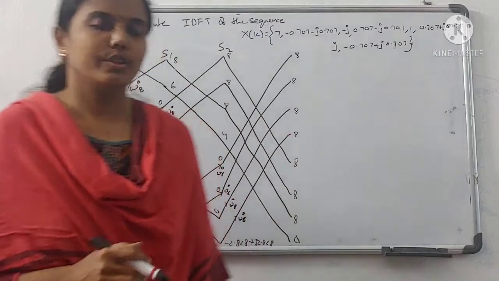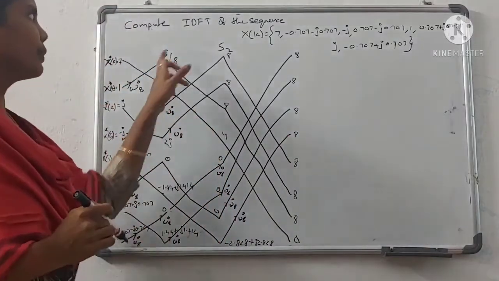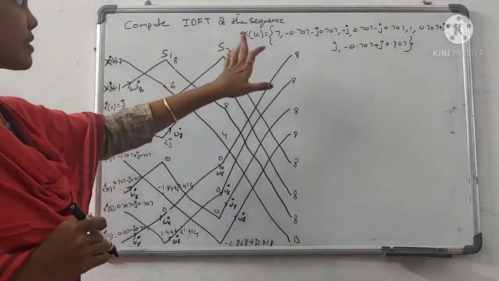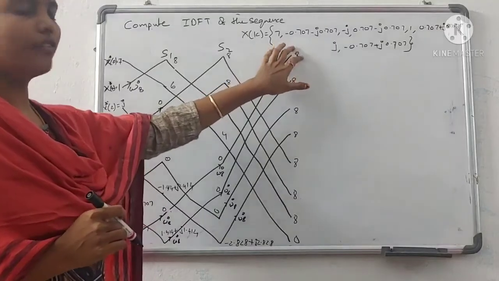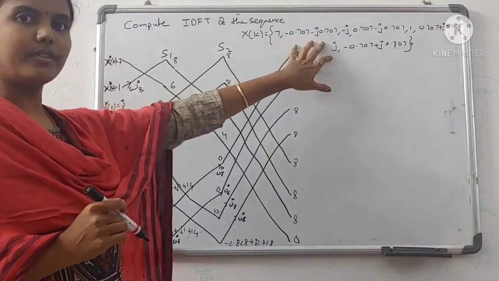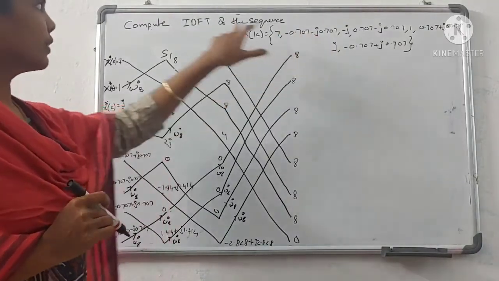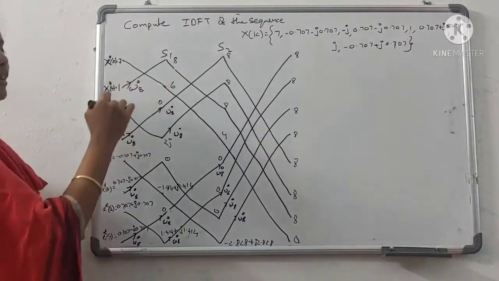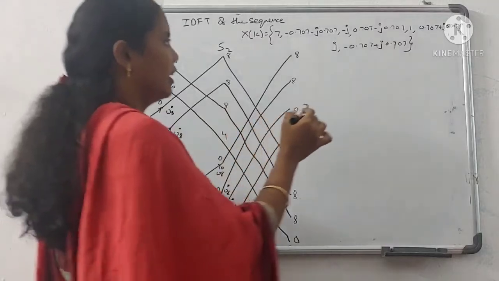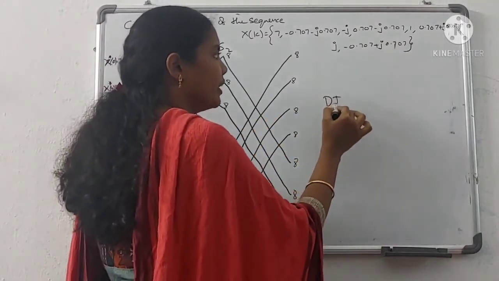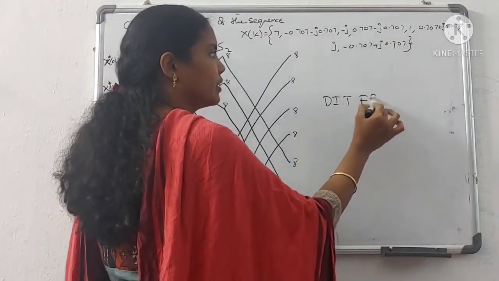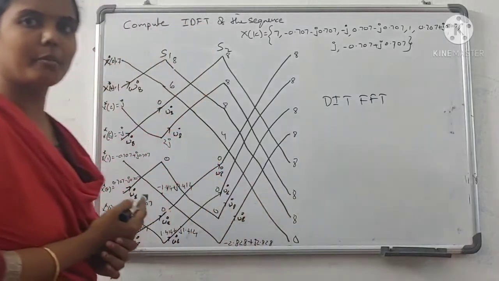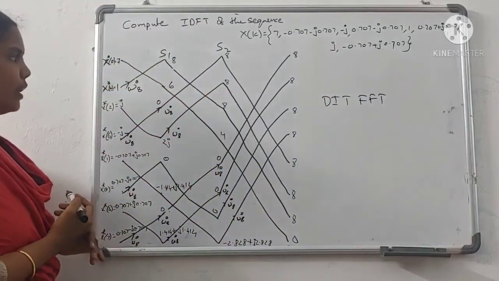Okay. So the problem is, compute inverse DFT of the sequence. The given data of X(k) is this one. Okay. So inverse DFT. So draw the butterfly diagram, decimation in time FFT algorithm.